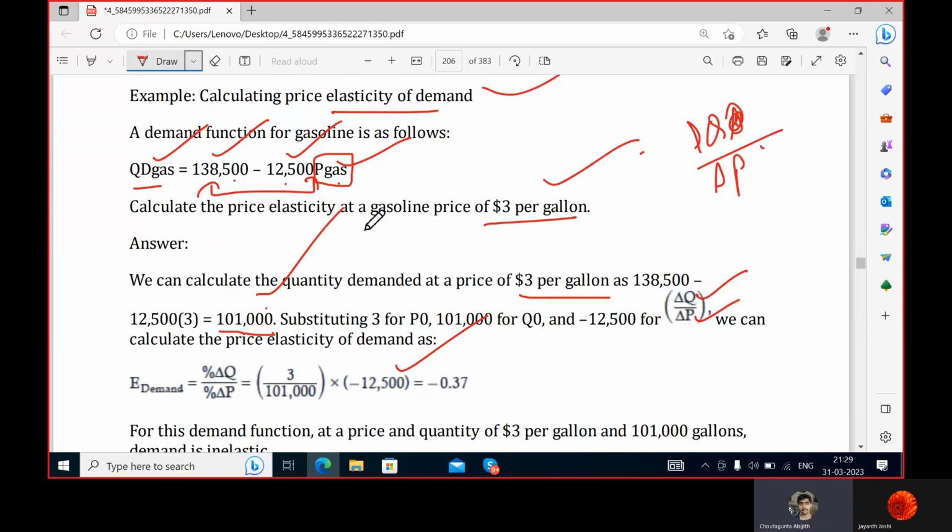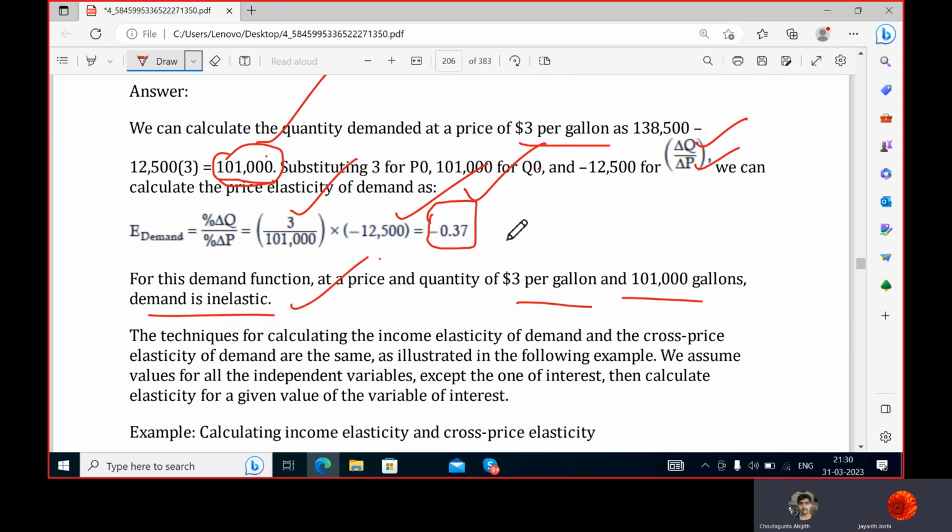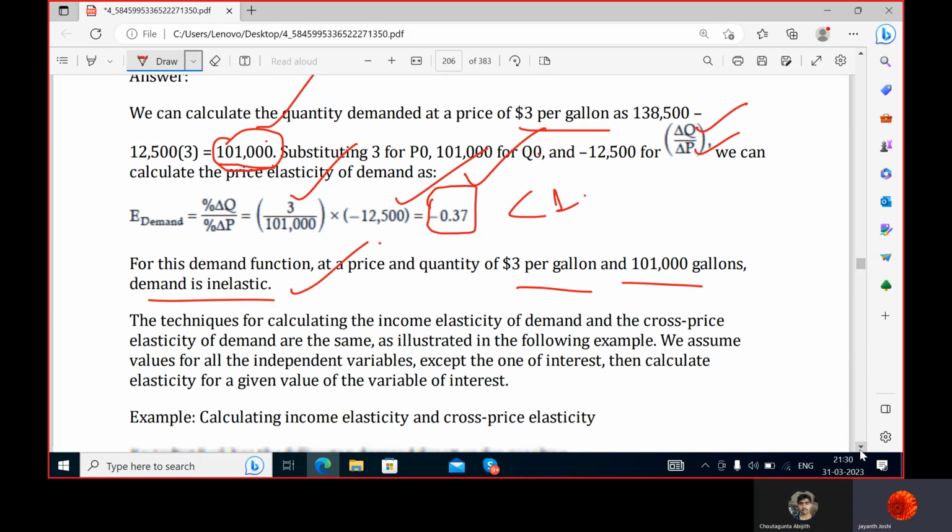So this is the price right now, correct? And what was the quantity? We found out the quantity demanded is 1,01,000. Am I right or wrong? Just put it there. You get the elasticity of demand. And it is less than 1. It is inelastic.